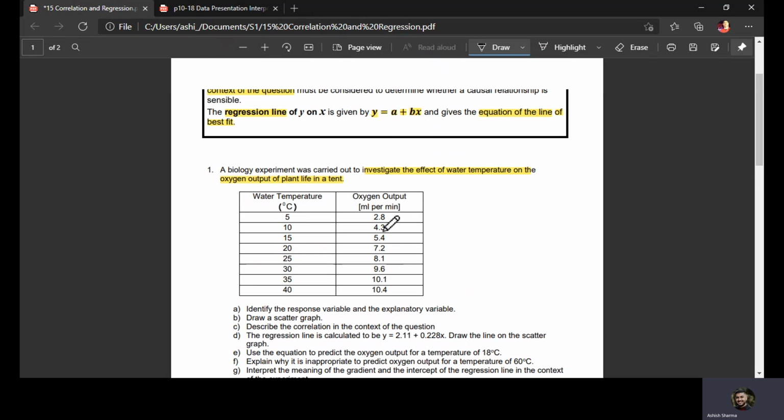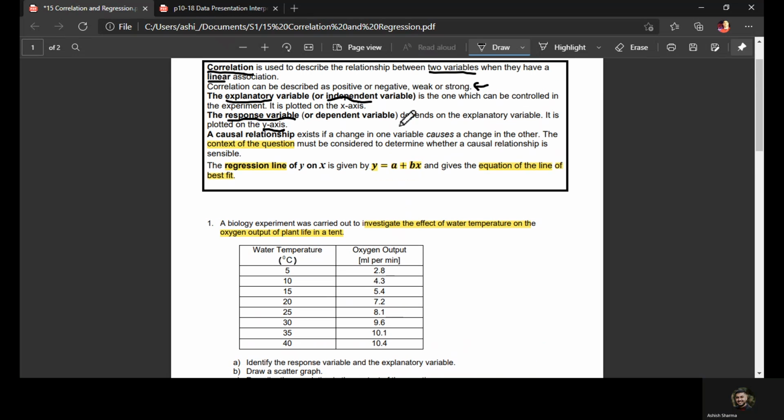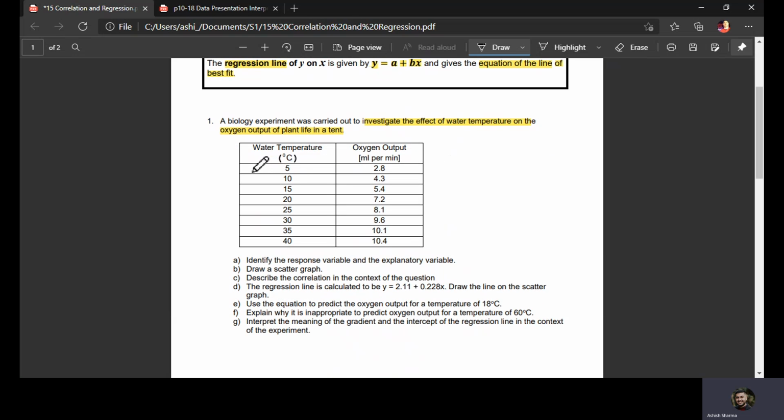Now, remember, the response variable depends on the explanatory variable. So let's just try and see what the explanatory variable is, the one which is controlled in the experiment. Now, clearly, if you're looking at both of these variables here, then water temperature, that must be the explanatory variable. Okay, so the explanatory variable is water temperature.